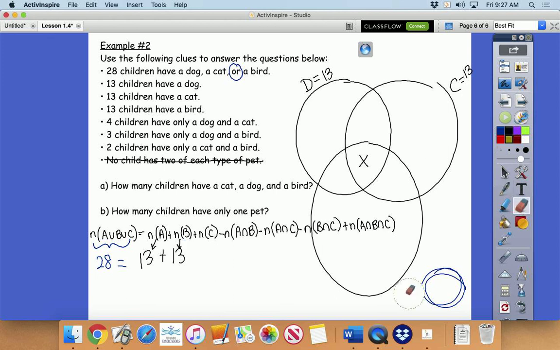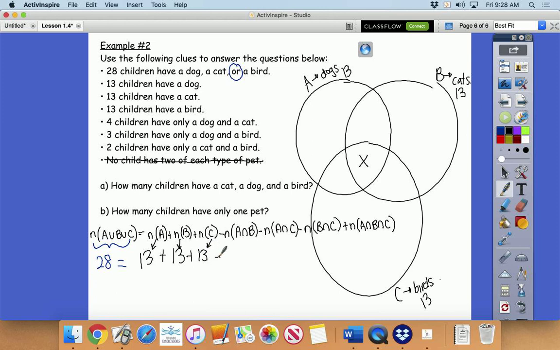What I'll do is I'll use the letters that they give us in the formula, and that way it'll make it easier for you guys to understand what I'm looking at. So I'll call this one A, and I'll represent it as dogs. I'll call this one B, and represent it as cats. And C will represent birds. Okay. So we know that this one should add up to 13, this one should add up to 13, and birds should add up to 13. So we have 13 that are birds.